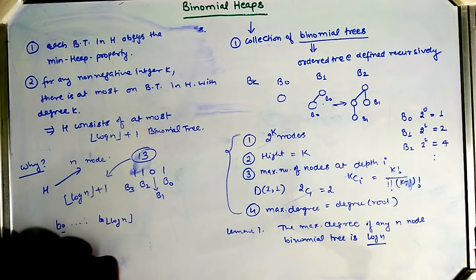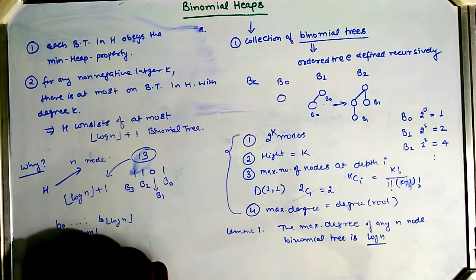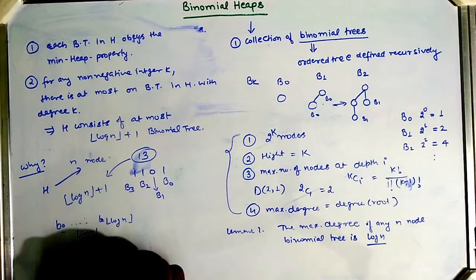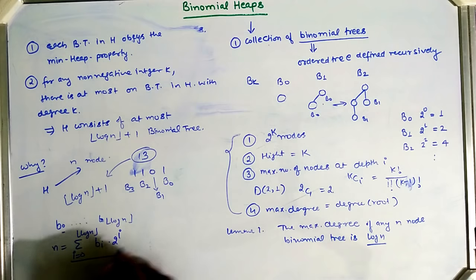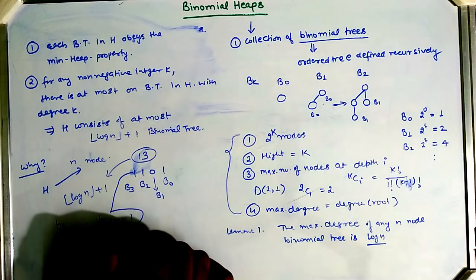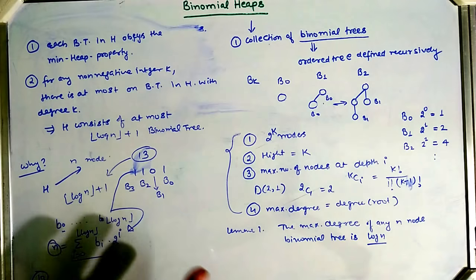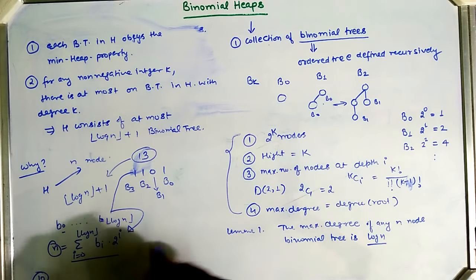The integer value can be calculated as the sum over i equal to 0 to log n of b_i, the bit value, times 2 to the power i. By that formula, if I feed this string in, I get the integer value 13. So this is all about the binary number system.